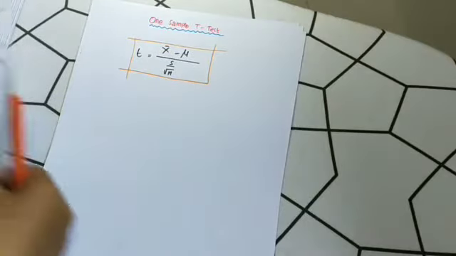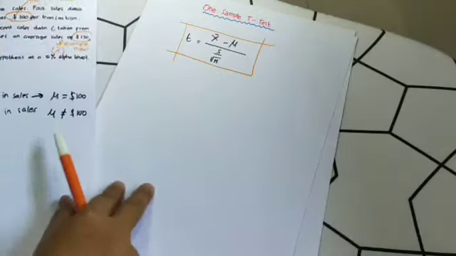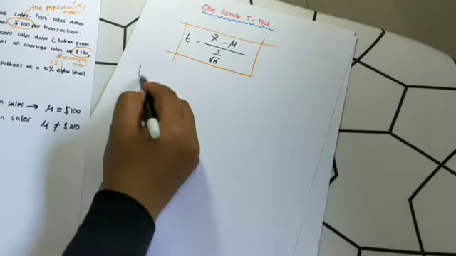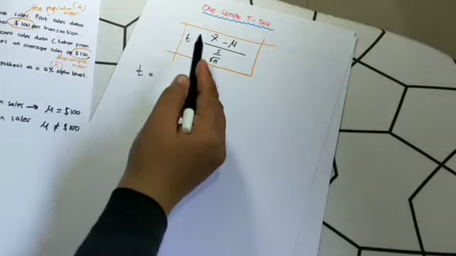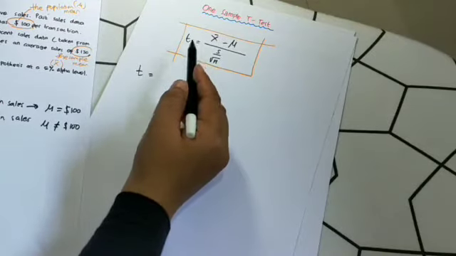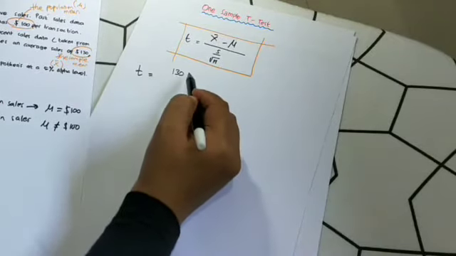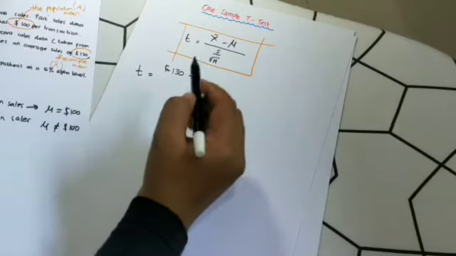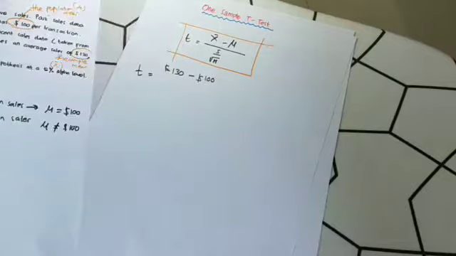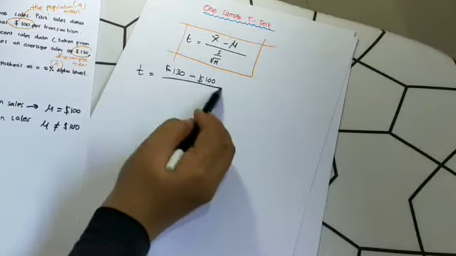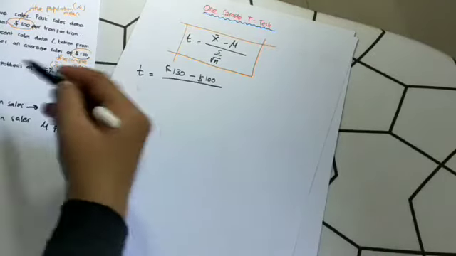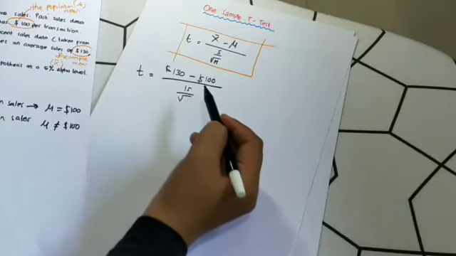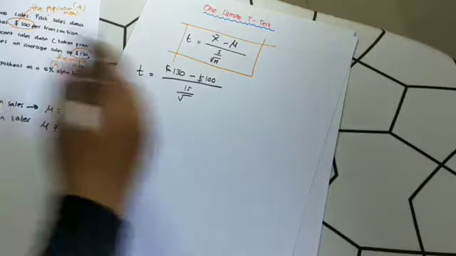So put the information into this formula, and we can say that T equals the x bar, which is $130, minus the mu, which is $100, divided by the standard deviation 15 divided by the root of n, which is 25.